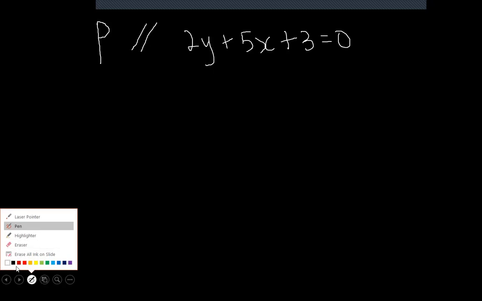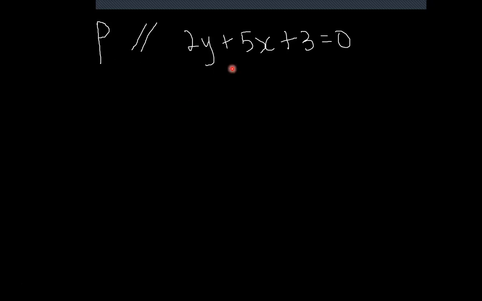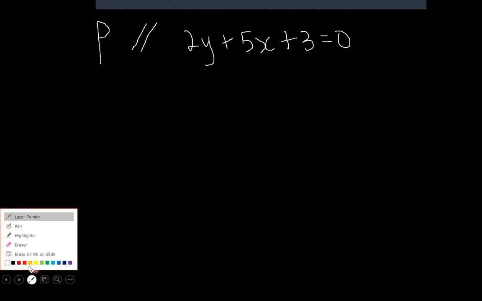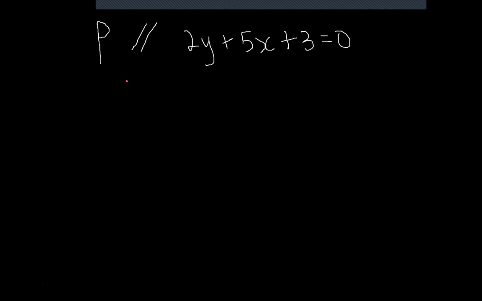So the first thing, if P is parallel to this line, remember that means that the gradient of P, so I'll name that M1, must be equal to the gradient of this line, name that M2.